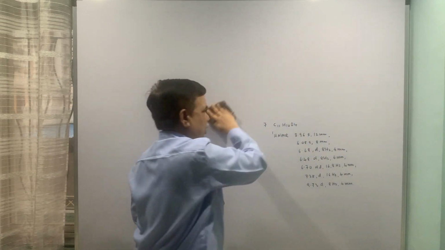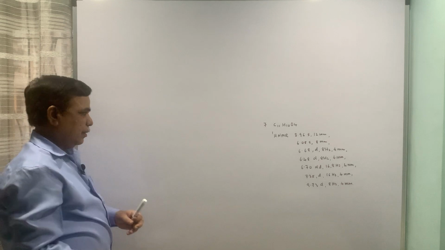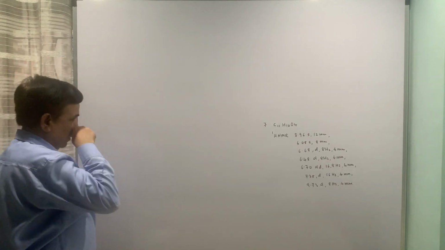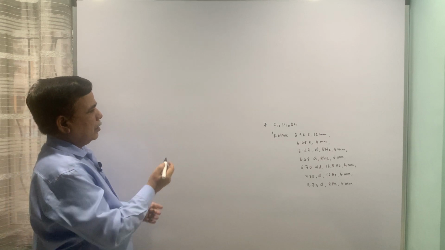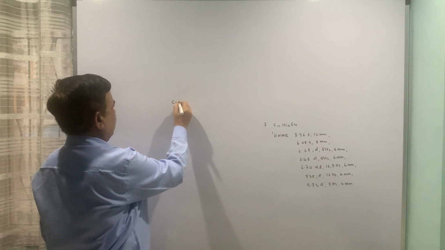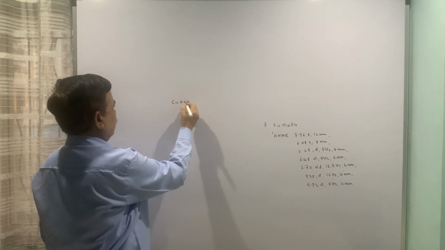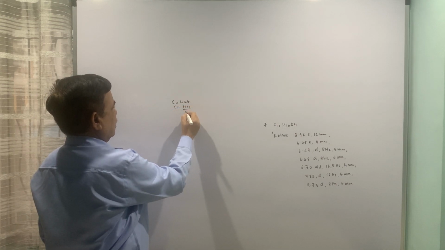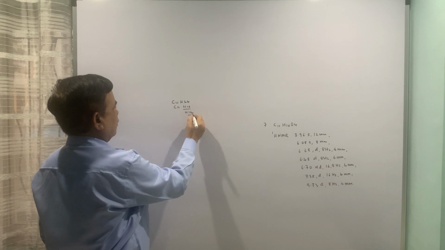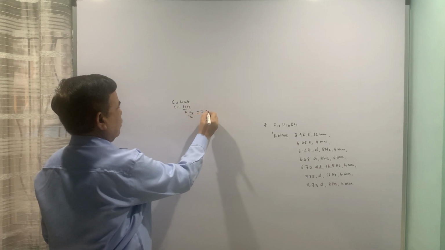Now, one more example is there, we will see that. C11H10O4. So C11H24, C11H14, 7 degrees of unsaturation.